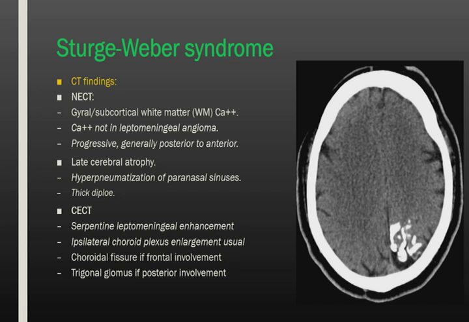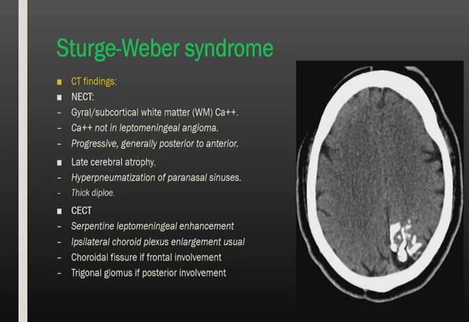In imaging studies, the non-contrast CT findings are gyral and subcortical white matter calcification underlying the leptomeningeal angioma, progressive, generally posterior to anterior, late cerebral atrophy, hyperpneumatization of paranasal sinuses and thin diploe.